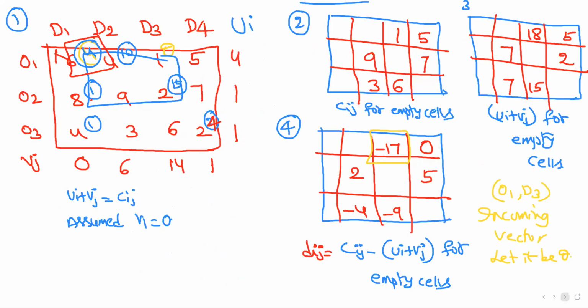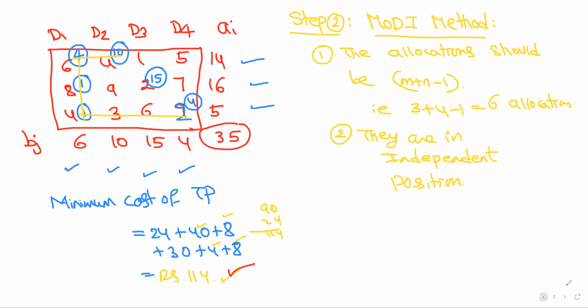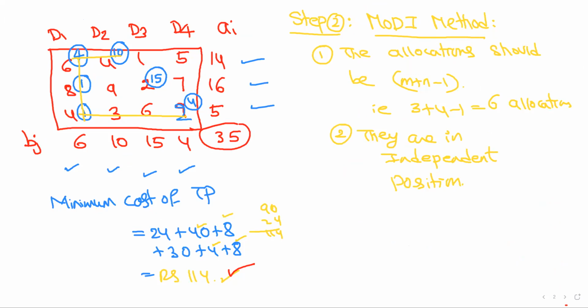We got very much more. 4 times 10 is 40, 4 times 1 is 4, 2 4s are 8. We got 180 rupees. 114 we got.